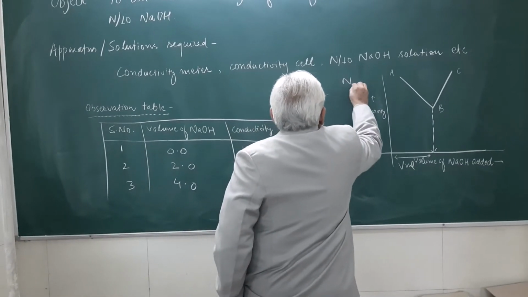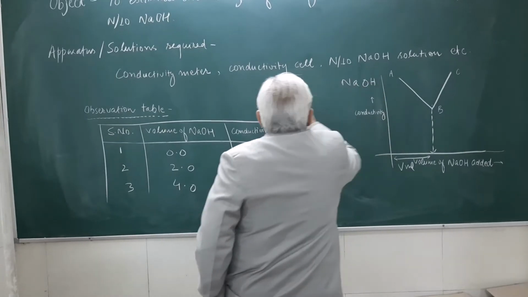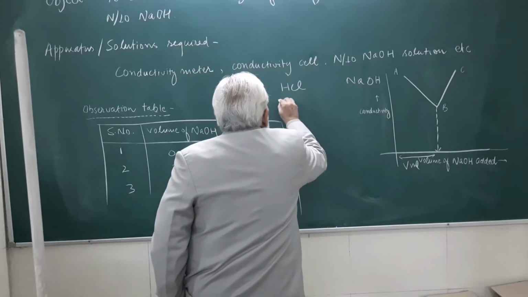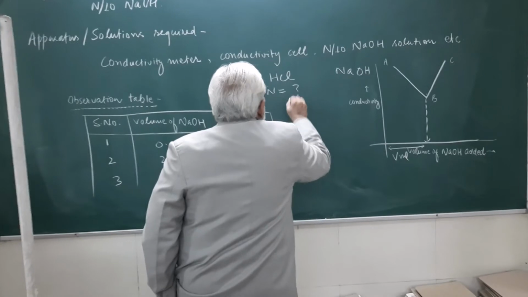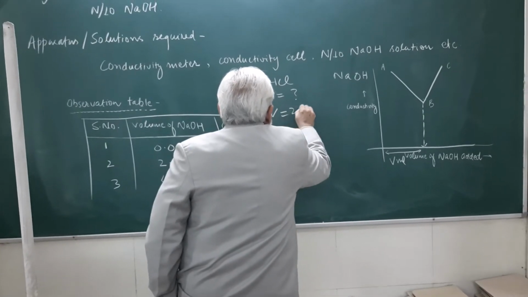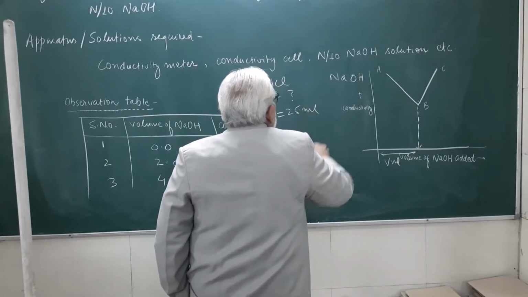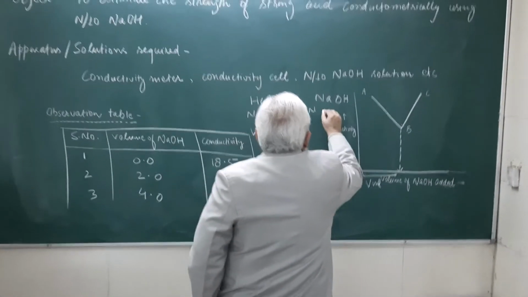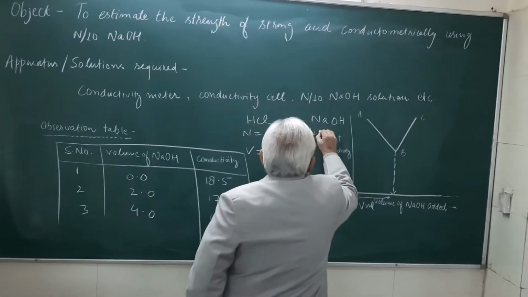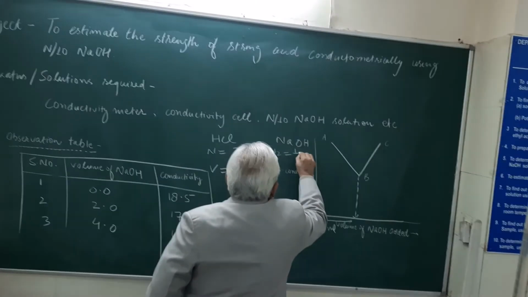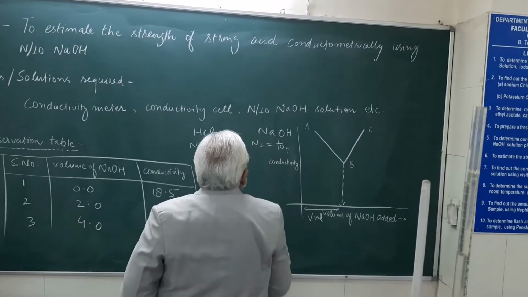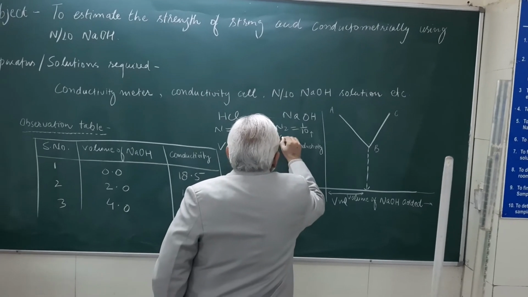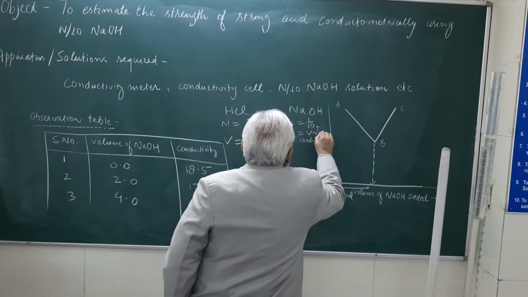For HCl, normality N1 is unknown and volume V1 is 25 ml. For NaOH, normality N2 is 1 by 10 and volume consumed V2 is V ml.